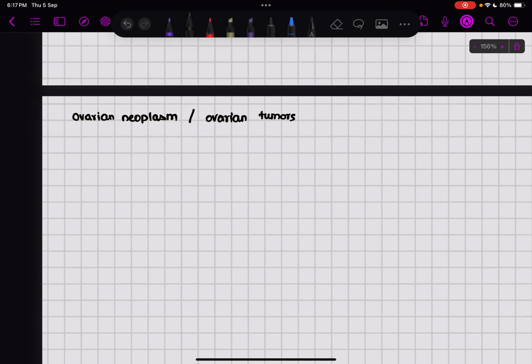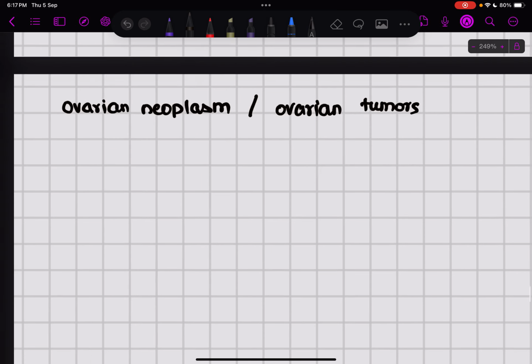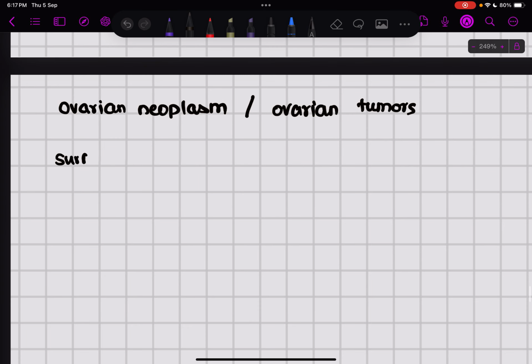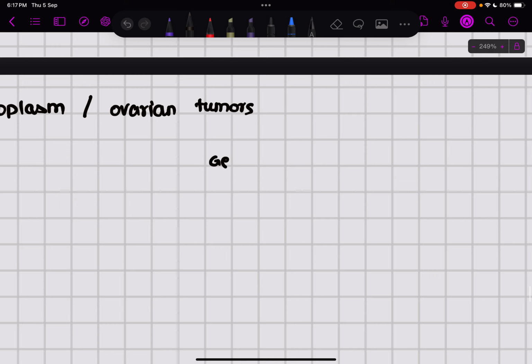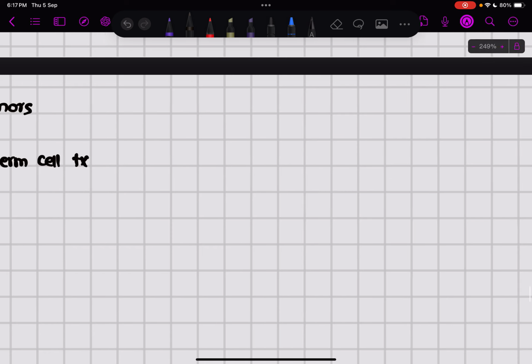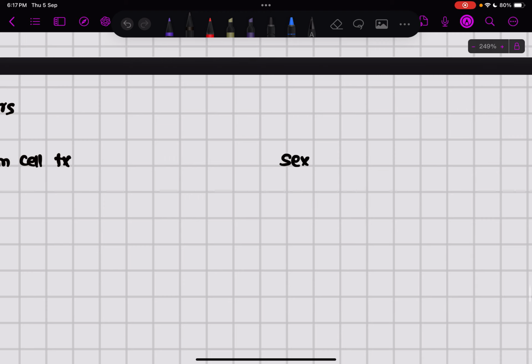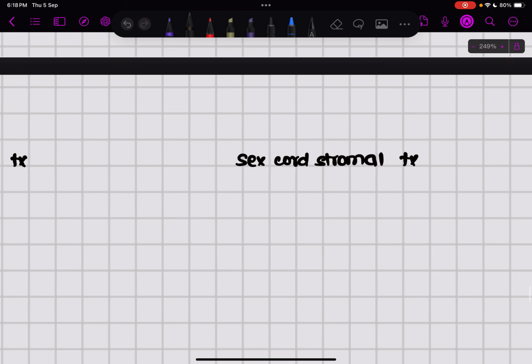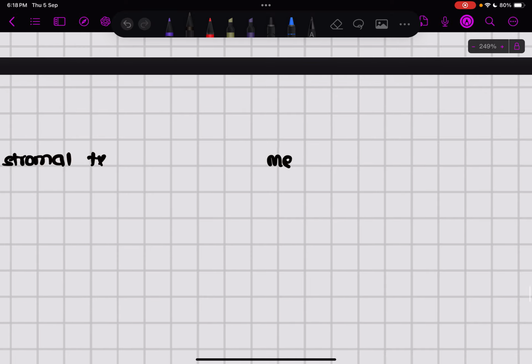They can be classified into the following types: surface epithelial tumor, germ cell tumor, sex cord stromal tumor, and metastasis.